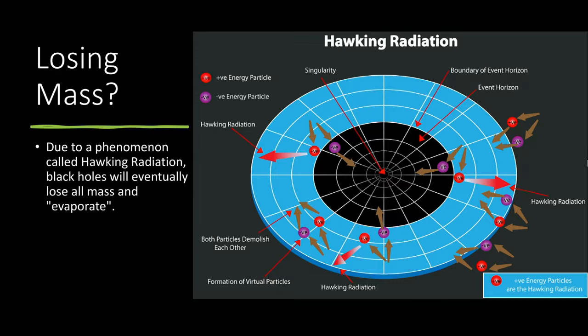These are the positive and negative energy particles that are in this diagram. Let's pretend there's no black hole around. These positive and negative particles are always popping in and out of existence in the universe, but they very quickly recombine with each other.